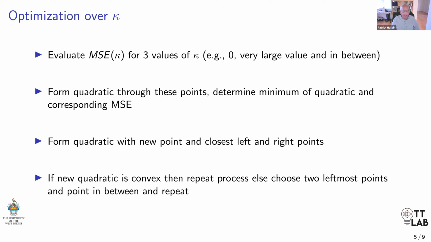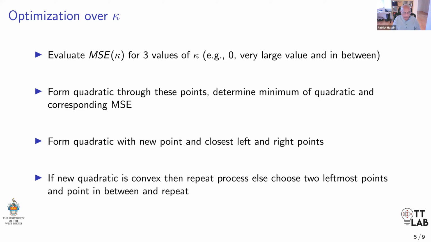Then we compute the corresponding MSE for that particular kappa. Now hopefully we have a new kappa value that is closer to the optimal. We then take the 3 closest points or the 2 closest points to that value, form a new quadratic equation, etc. So it's like successive quadratic approximation, but slightly different here, because with successive quadratic approximation you're making certain other assumptions.